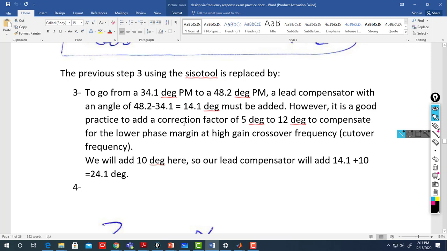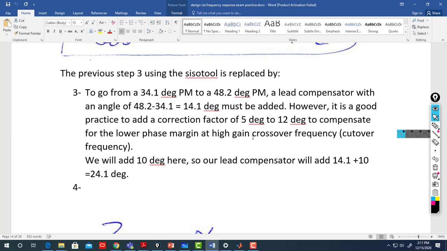However, it's a good practice to add a correction factor of 5 to 12 degree to compensate for the lower phase margin at high gain crossover frequency, because we also need to increase the speed of the system using the lead compensator. Your gain crossover frequency will be shifted to the right, meaning you will increase your system speed, the system will become faster, and by doing this you are lowering the phase margin as well.